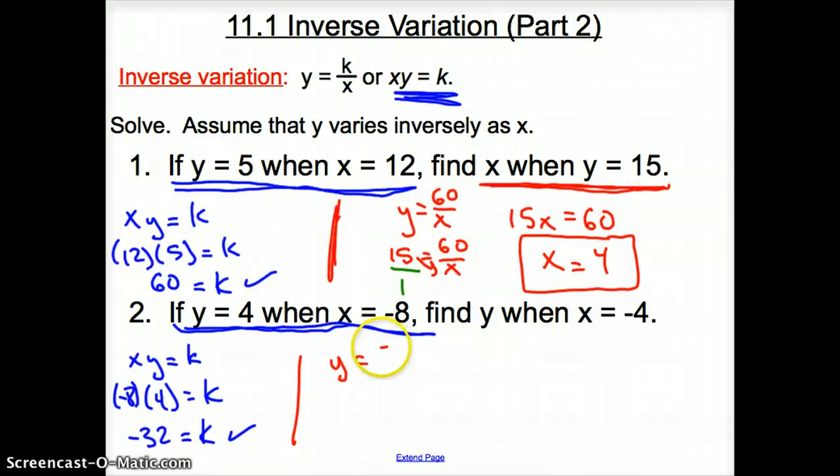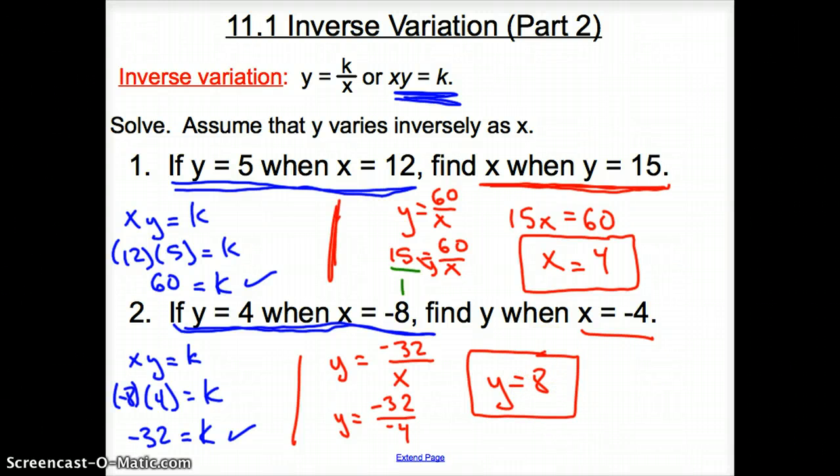It's a negative 32. That's going to go over x. So here's my equation. So my y is, I don't know what my y is because my x is negative 4. So it's negative 32 over a negative 4. Now, this looks bad, but we have negative numbers on both sides, so we can go negative 32 divided by negative 4, which gives us 8. So y equals 8 for our answer.